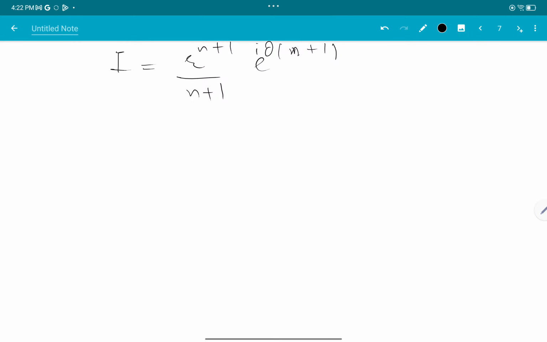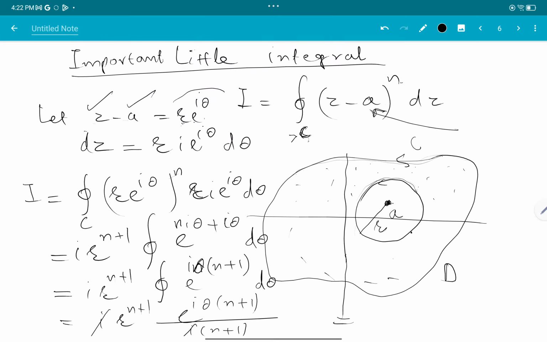Okay, but I'm sorry, I have not used limits. This is a definite integral. As you move from this point around to this point, theta changes from 0 to 2 pi. So I have limits 0 to 2 pi.